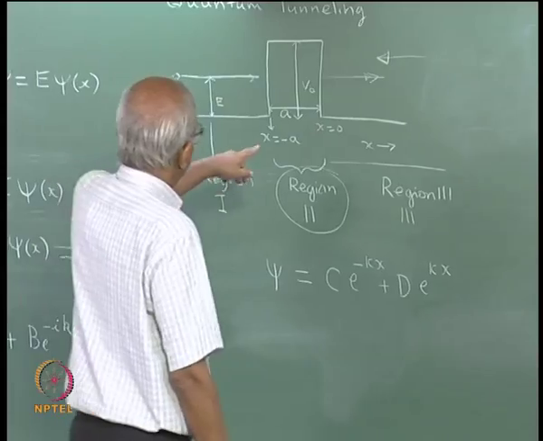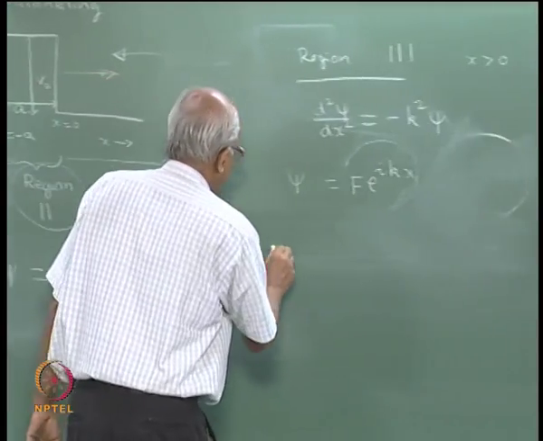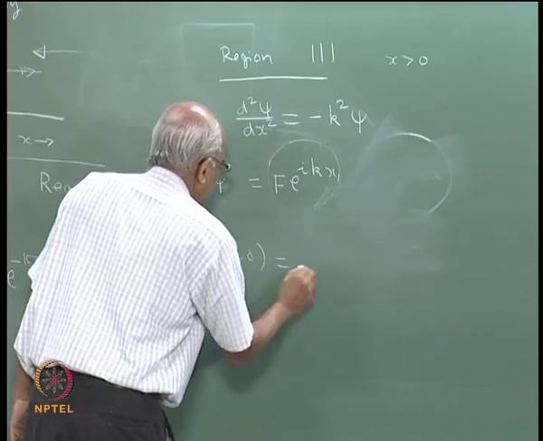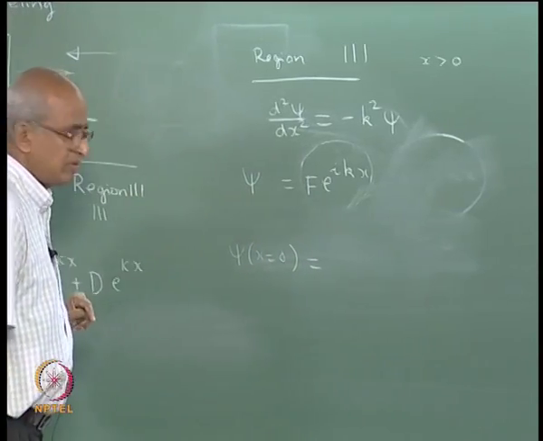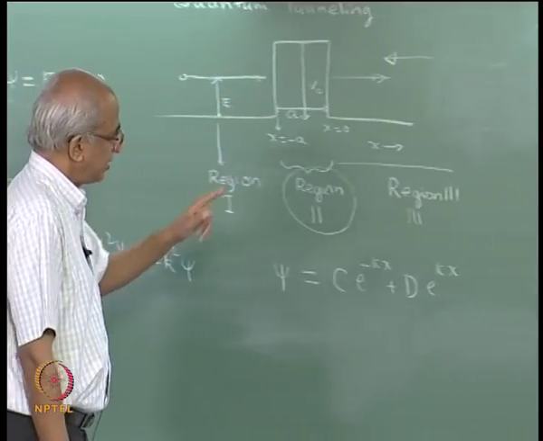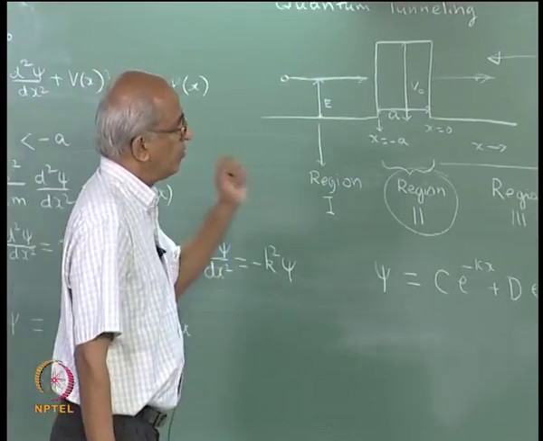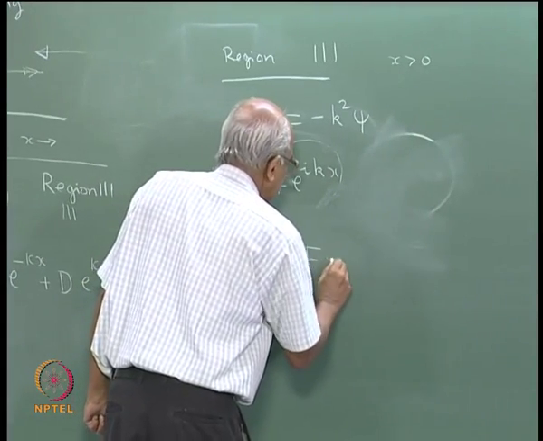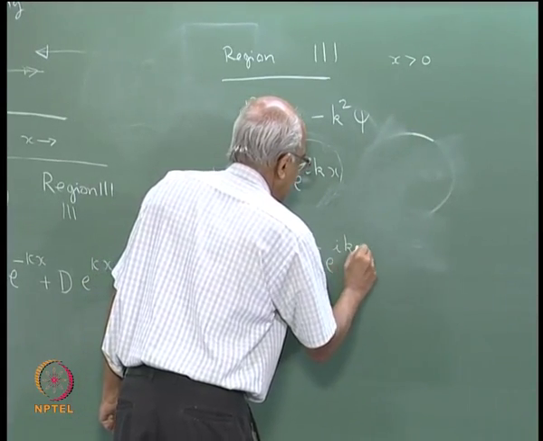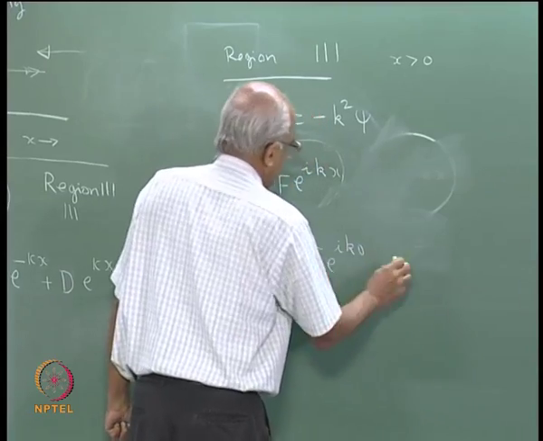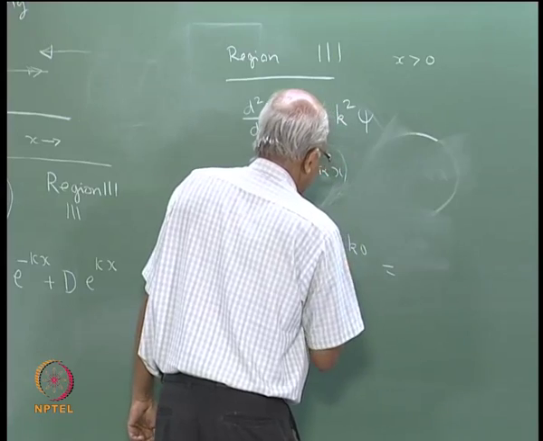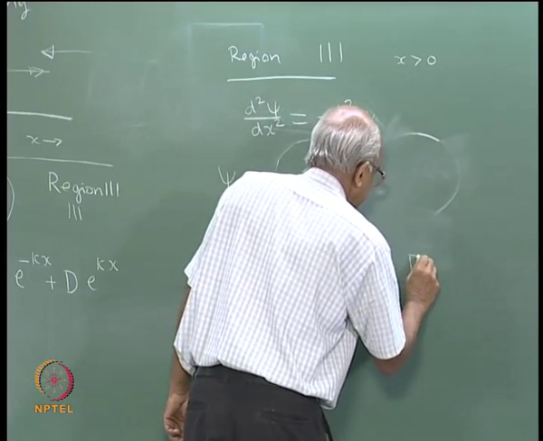So if I evaluate the wave function at x equal to 0, psi at x equal to 0, using this functional form which is appropriate for region 3, what would be the answer? The answer will be f e^(ik0), and e^(ik0) is obviously e^0, which is 1, and therefore you get the answer f.